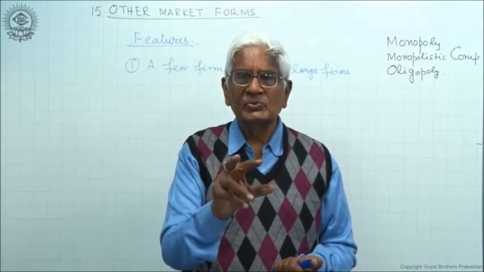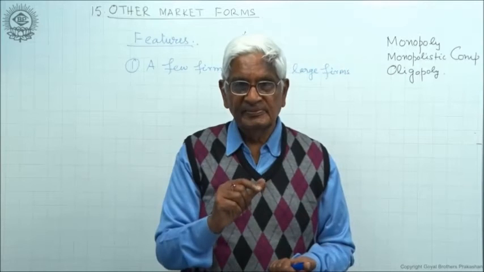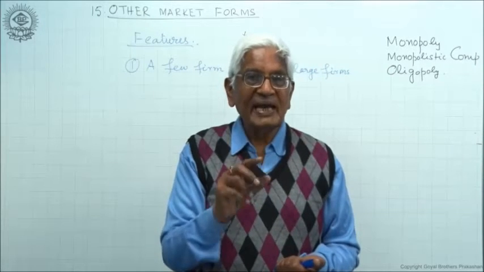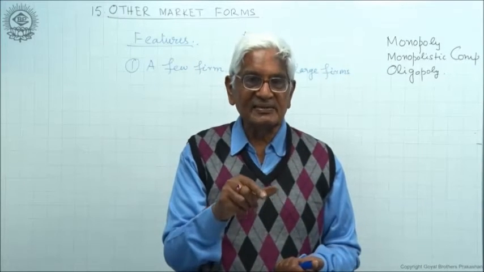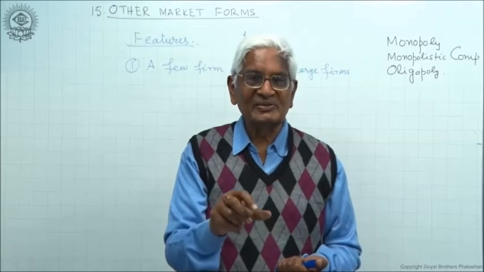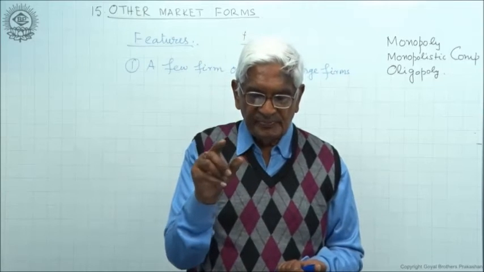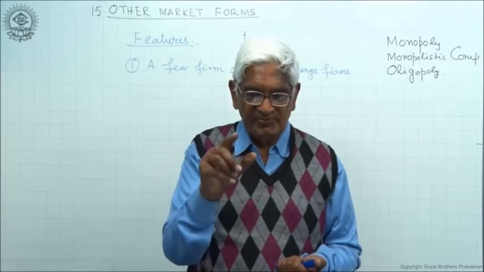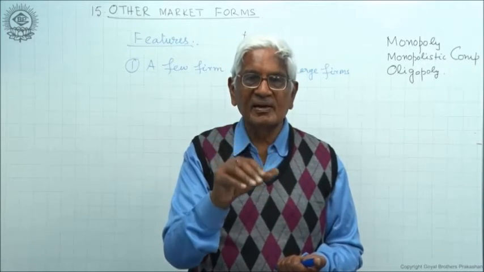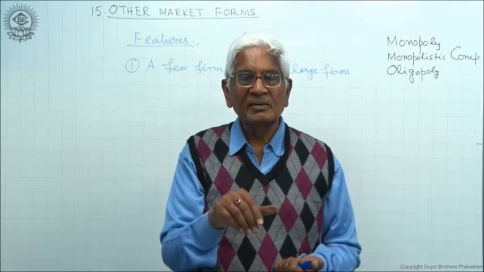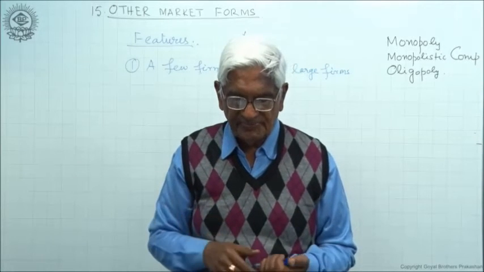Here we are saying few, maybe 5, maybe 7, maybe 10, maybe 12. Few enough that each of these producers can exercise some influence. Not that influence which a monopolist can exercise on the market price of the commodity. This is the implication of this feature. He can exercise influence by raising the price by lowering the supply, and lowering the price by raising the supply, and all that.